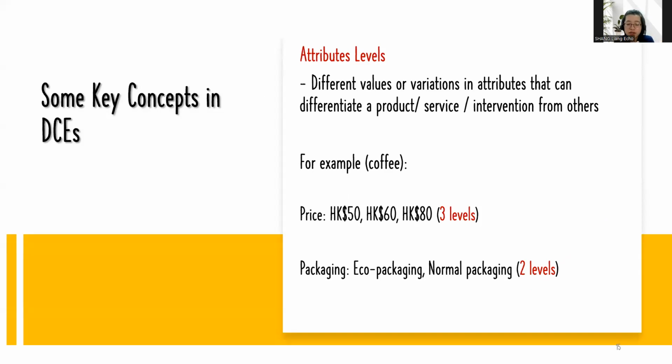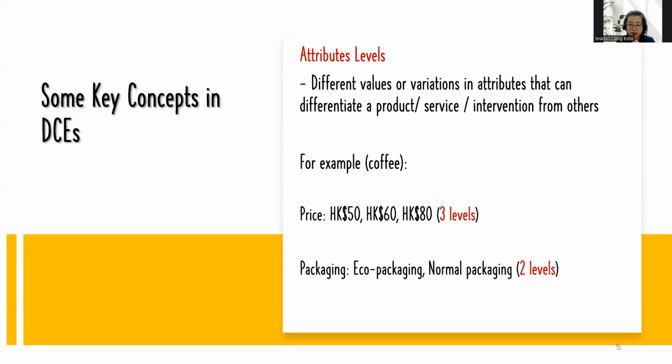The second concept is attribute levels. Now we have different characteristics or features of a certain product or service. Attribute levels refer to different values or variations in the attributes that can differentiate a product or service or intervention from others. Let's still take the coffee product example.